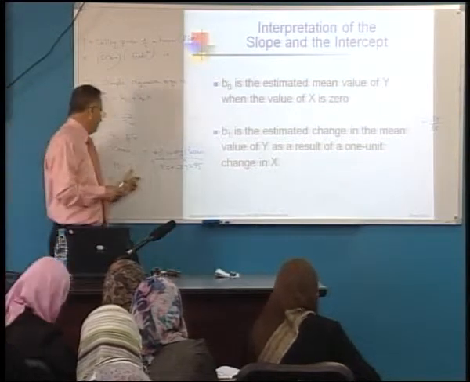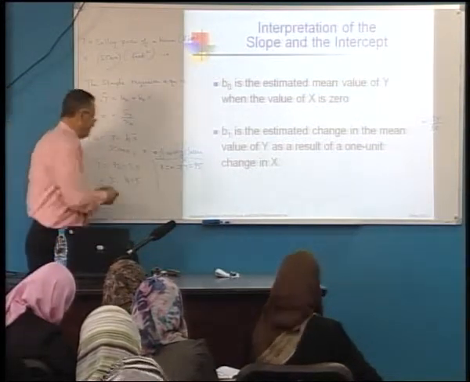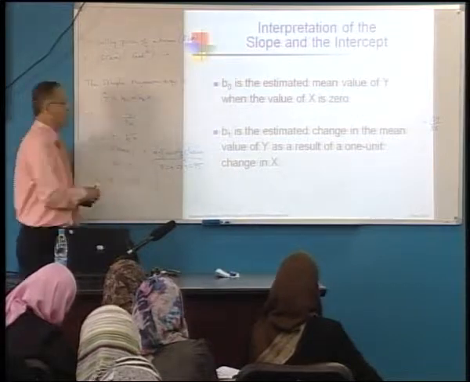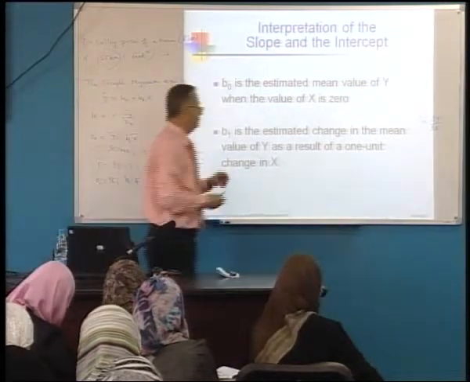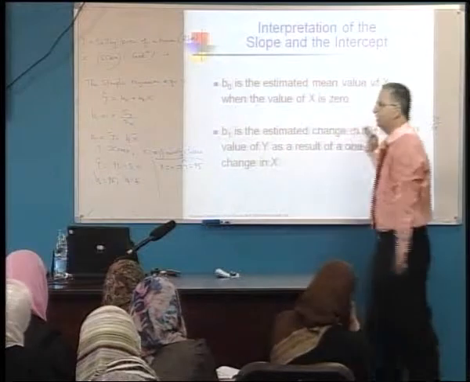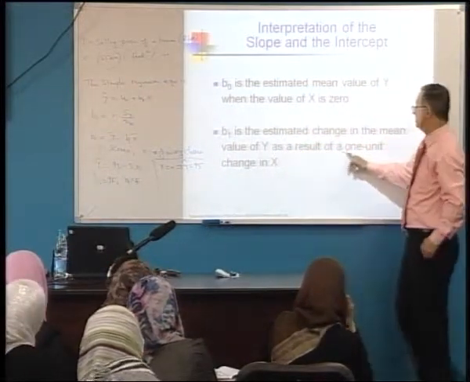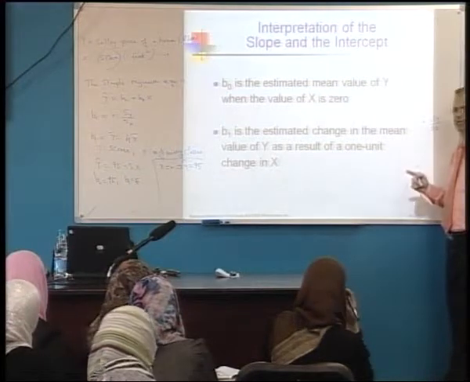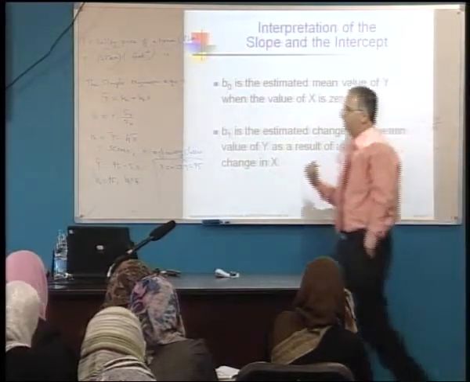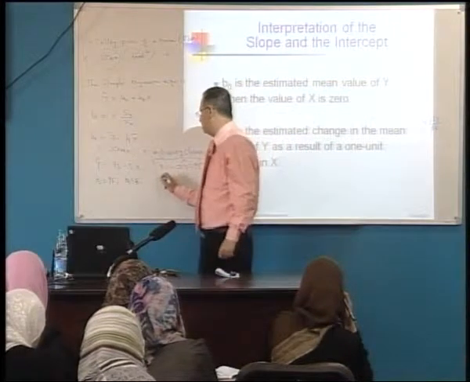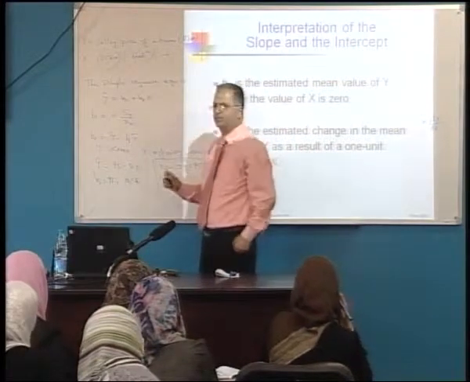Now what's the meaning of the slope? The slope in this case is negative 5. b1, the slope, is the estimated change in the mean of y as a result of a 1 unit change in x. For example, let's compute y hat for different values of x.